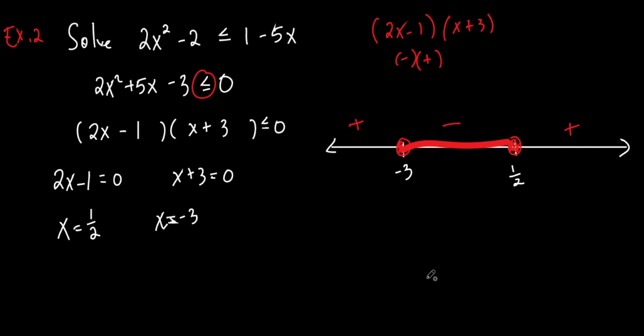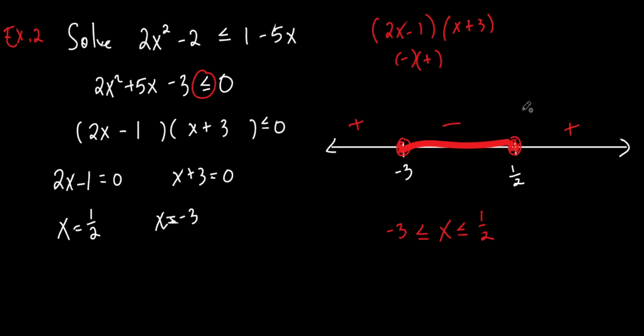How do we write our answer? You could write it a couple ways. You could say x is between -3 and 1/2. That would be the, whatever you call this. What did I call this? Just wrote it down. What do I call this thing? The interval notation. Or no, the other one's the interval. What's this one?